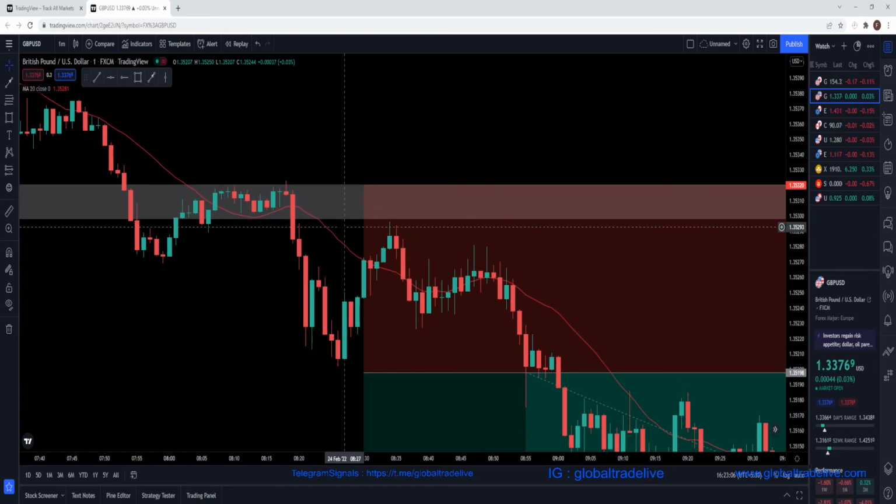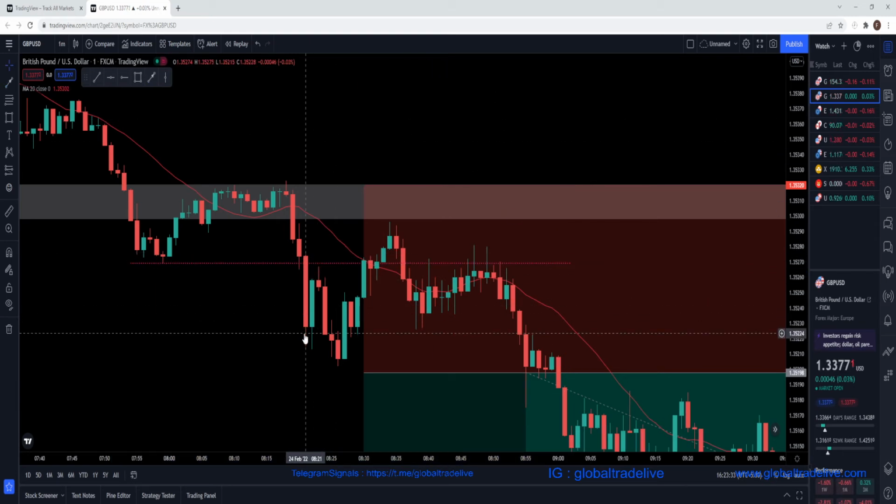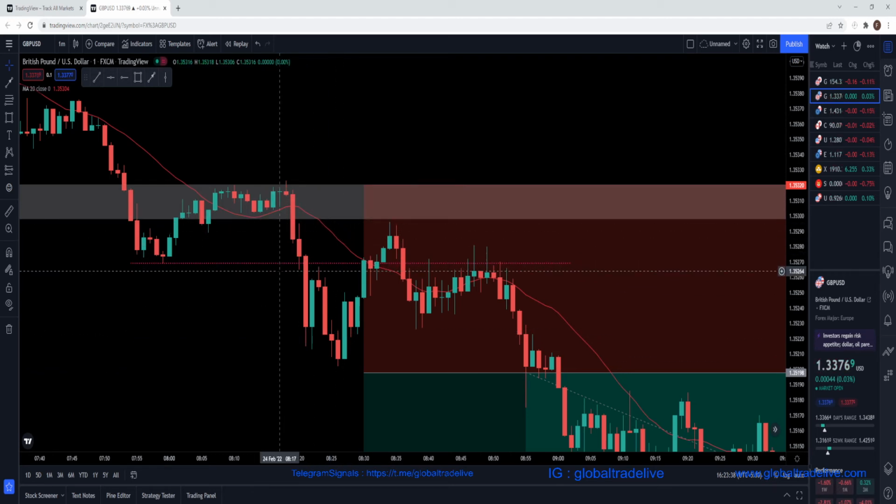Sorry. So basically what you will do is, that candle was printed around 8:30 right over here, right? So now before that, what was the low? Let's just find out the low. So this was the low over here, right? Okay, then this candle broke below and closed below that low. That's correct.